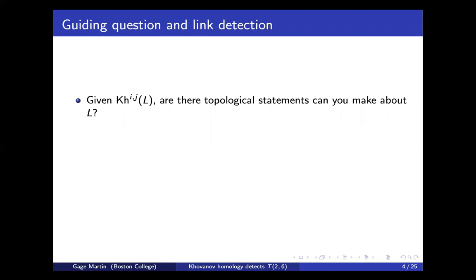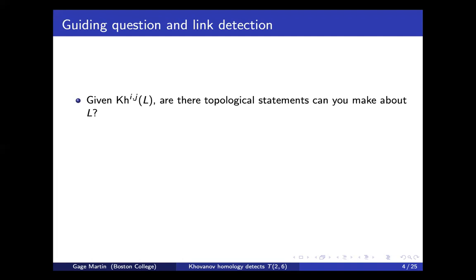This is a natural question because an analog of Khovanov homology is knot Floer homology, which categorifies the Alexander polynomial. And in the world of knot Floer homology, there are many topological statements you can make about knots and links from knowing their knot Floer homologies. So it's natural to ask, what about in the setting of Khovanov homology?